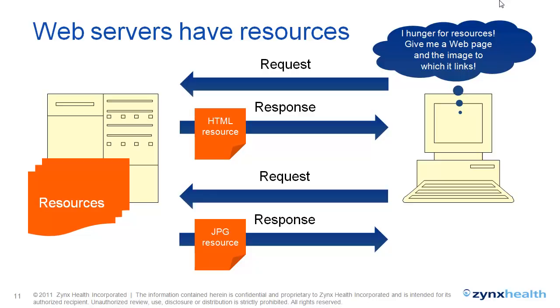In this case, our hungry browser wants its web page, and since there's a link to a picture that appears on the page in the HTML, of course it requests the picture as well. The web server has all sorts of resources on it, different representations such as HTML, JPEG, XML, PNG, who knows what, .js, many of them static, some of them dynamic. But in each case, the fundamentals of request and response are the same.